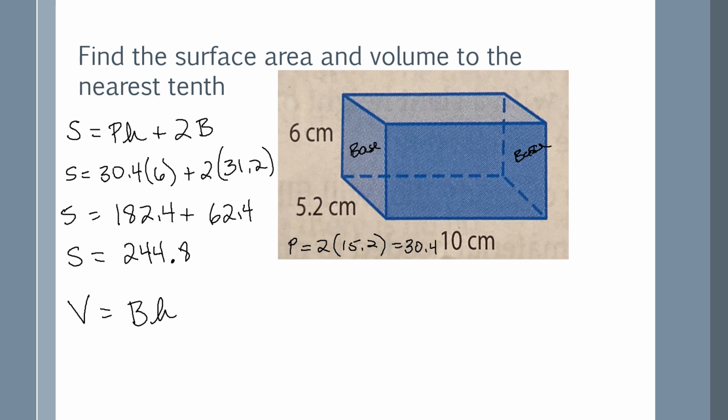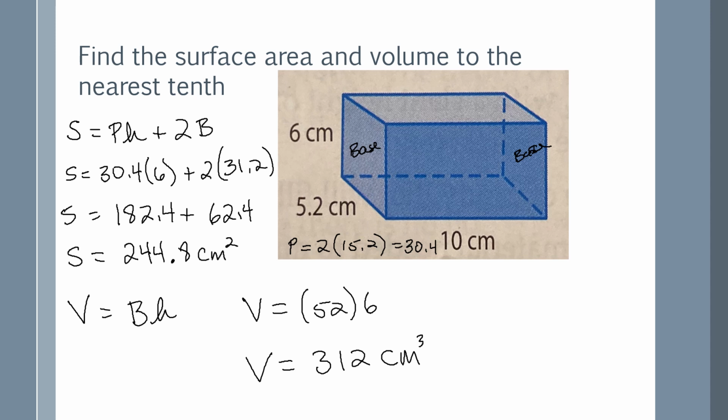So the area of the base is 5.2 times 10. That's 52. So we would say the volume is equal to 52 times 6. So my volume, multiply 52 times 6, I get 312 cubic centimeters. This would be centimeters squared here.